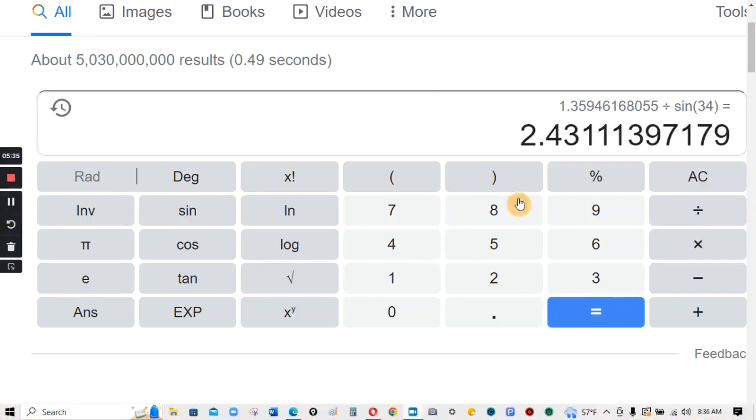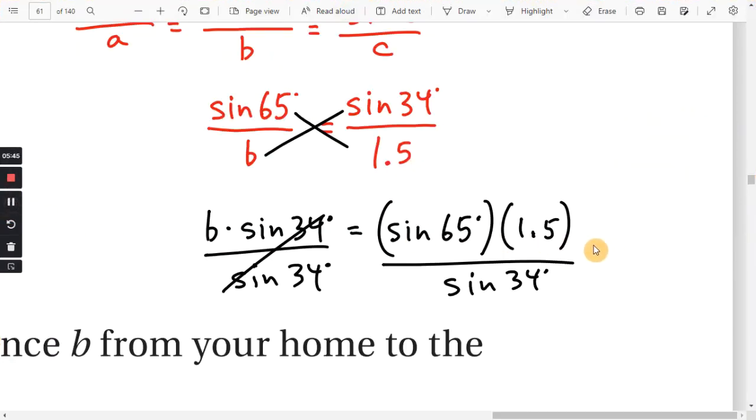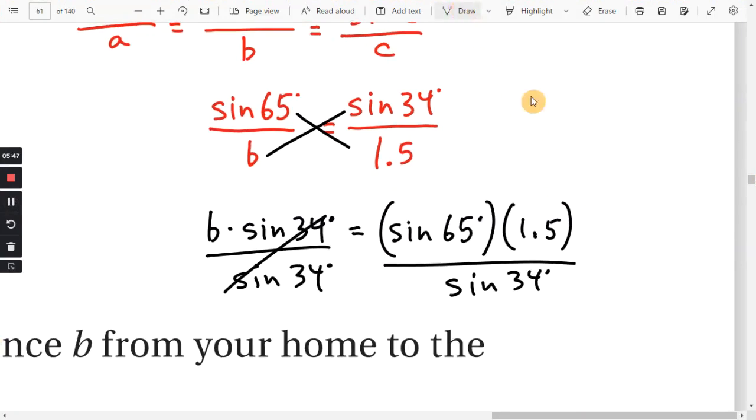I'll use one decimal. Notice the second decimal is a 3, which is less than 5, so we're going to round down to 2.4. So this whole thing, rounded off, works out to approximately 2.4. That's going to be for b.